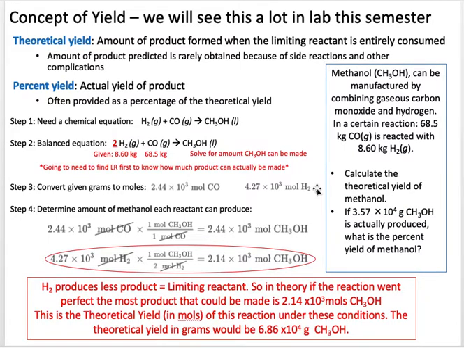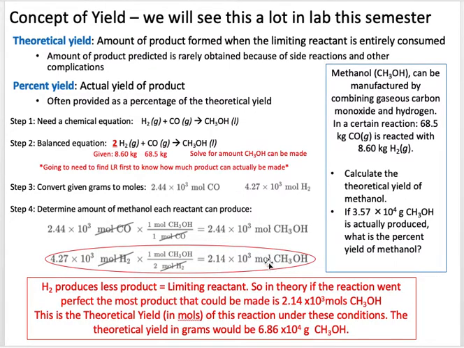Excuse me. So what we need to do is take our theoretical yield, which is this one. Oh sorry, you may still be confused. That was not me explaining things very well. This is in moles, 10 to the 3 is in moles.